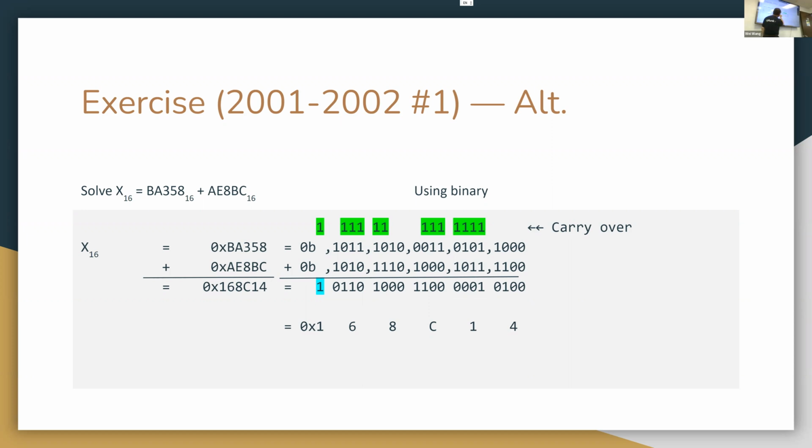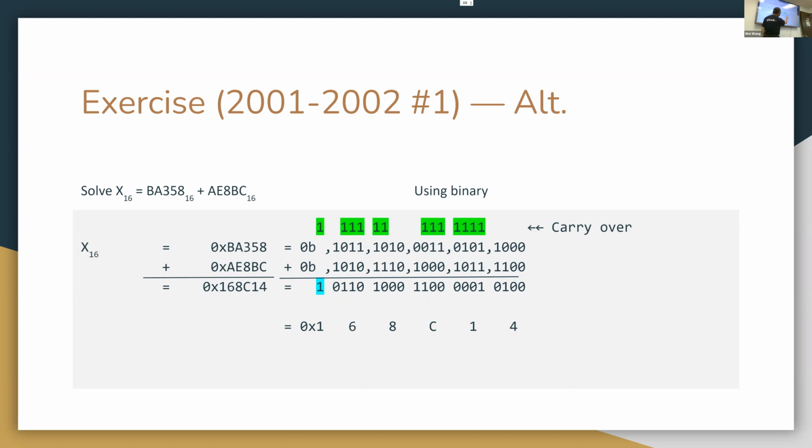So these are carryovers, and up to here we don't have any carryover, right? 0, 0, 0 is 0, 0, 0 is 0, 0, 1 is 1. There's nothing to carry over. But once we encounter 1 plus 1, it becomes 0 and 1 on the next position, right? So we put 1 over here.